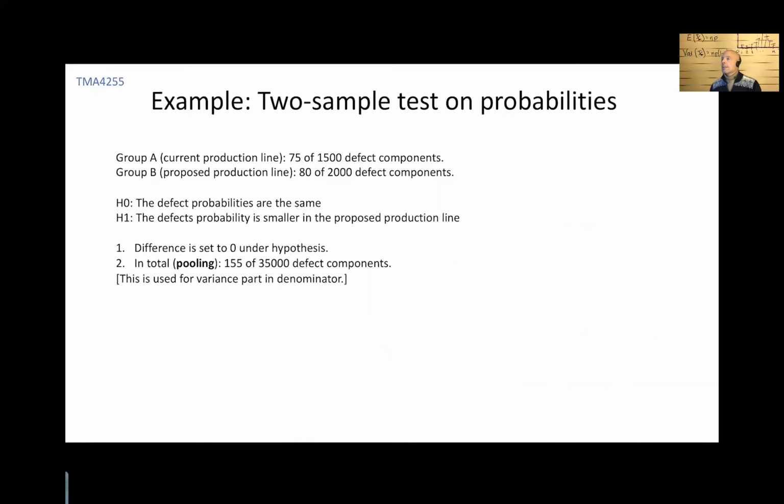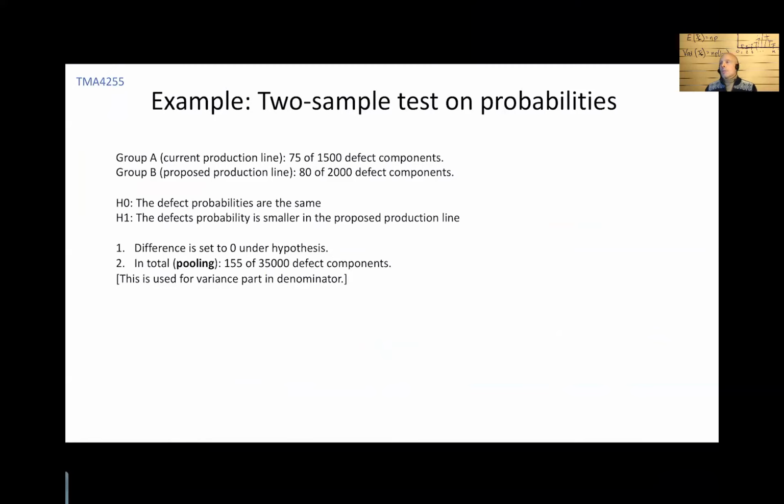This example is from a production line where you have used previously over the years some tools, and then you see that you get 75 defects out of 1,500 components. And then you propose changes in the tools of the production line.